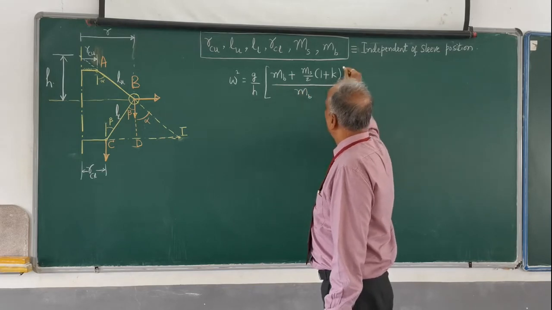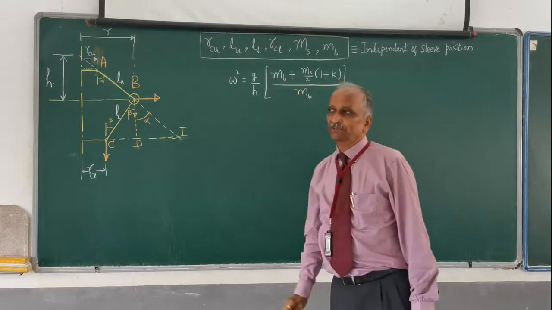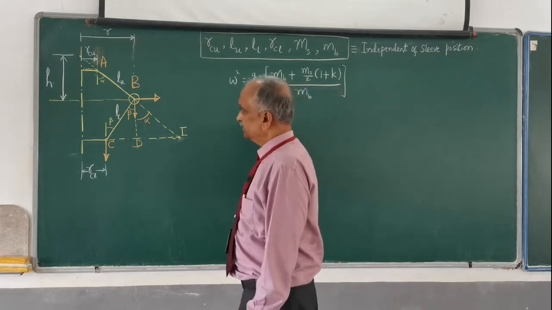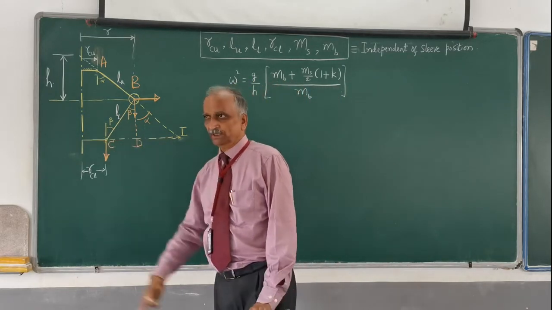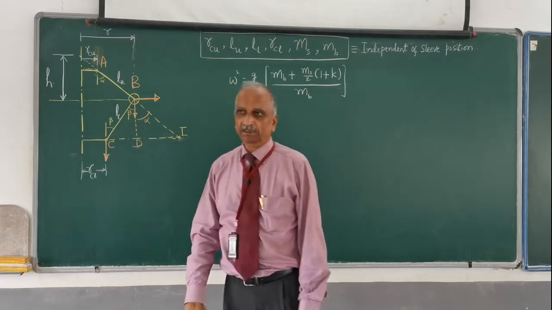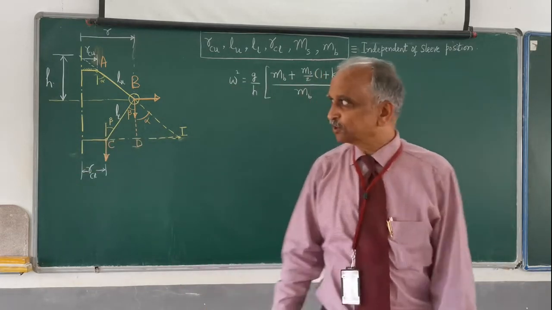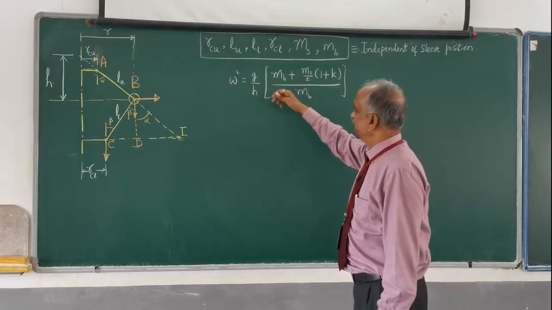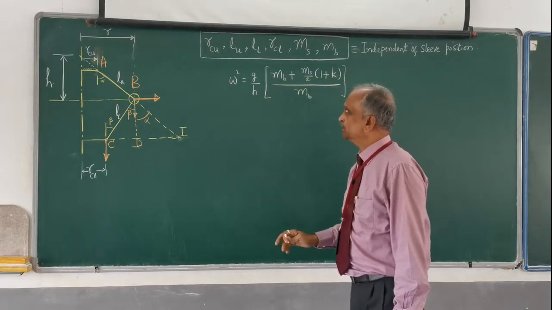This is what I have derived without considering friction. I assume that the load on the engine is constant, and therefore the governor sleeve is in a constant position, and hence there is no question of friction coming into the picture. And this speed we call the equilibrium speed.